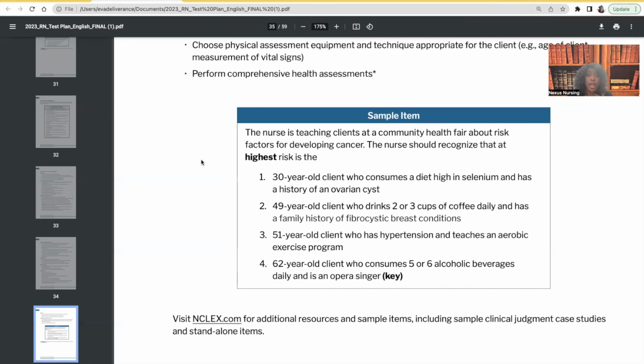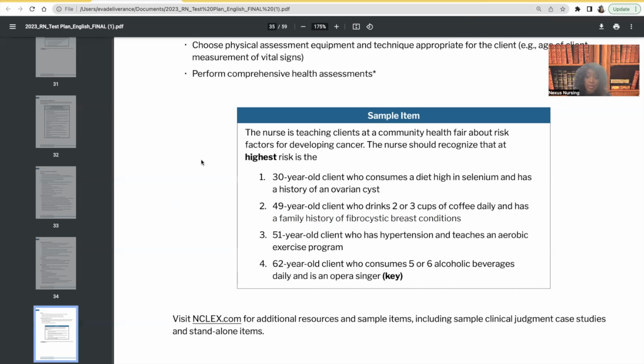So they're using their vocal cords a whole lot. That can put them at increased risk for esophageal cancer. It's not often, but it can. But even without them being an opera singer, you still had those 2 high risk factors, the age and the fact that they're drinking 5 to 6 alcoholic beverages.